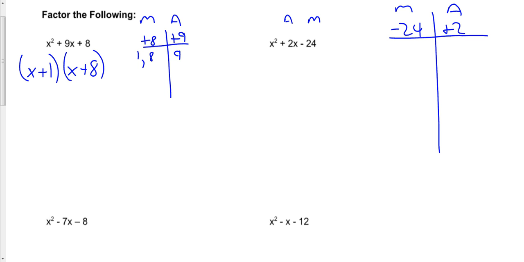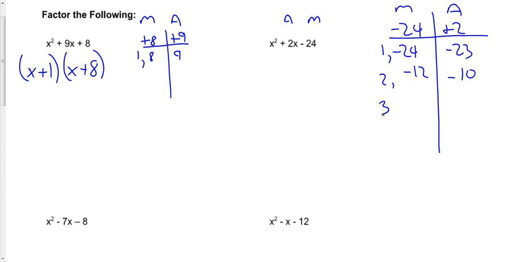Positive 1, negative 24. Well, multiply those two things together, it gets me to negative 24, but not going to work. If I add those things together, that gives me negative 23. Positive 2 and negative 12 gives me negative 24, but when I add them, it gives me negative 10.